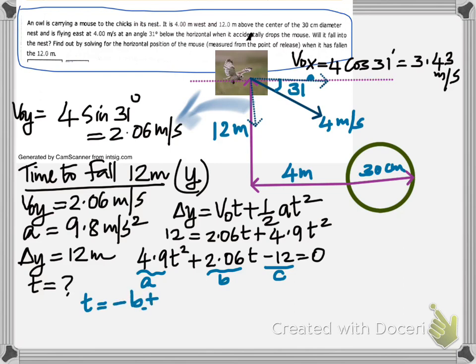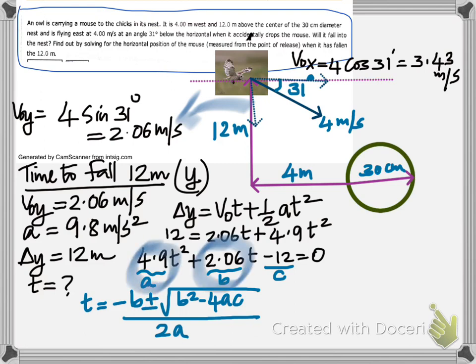Now, the solution is given by minus b plus or minus square root of b squared minus 4ac by 2a. Yes, you got to know this formula. That's why you had to study algebra before you took this course. So now you can see that a is 4.9, b is 2.06, and c is negative 12.